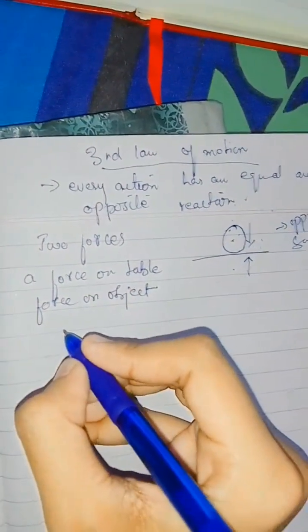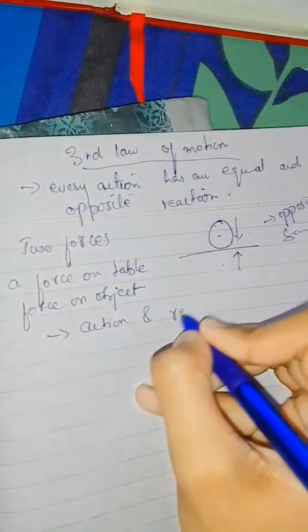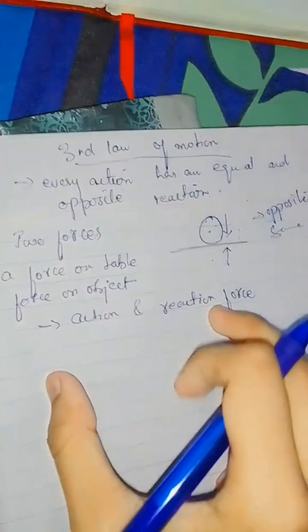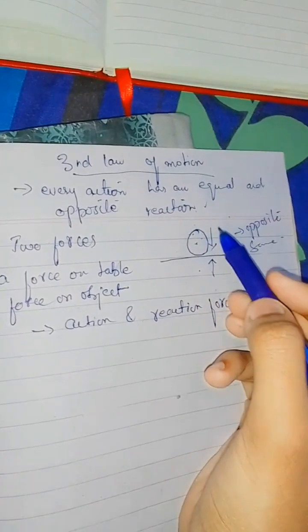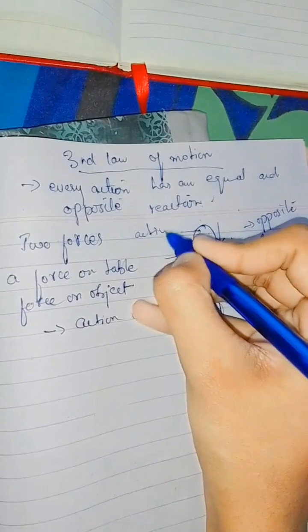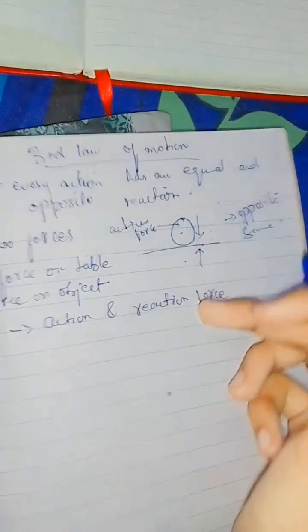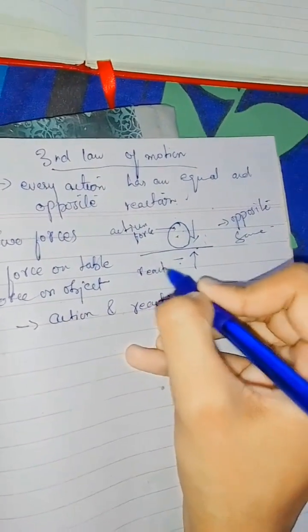These two forces are known as action and reaction force. Which one is the action force and which one is the reaction force? The force exerted on the table is the action force, and the force exerted on the object is the reaction force.